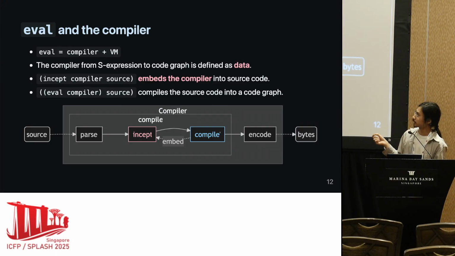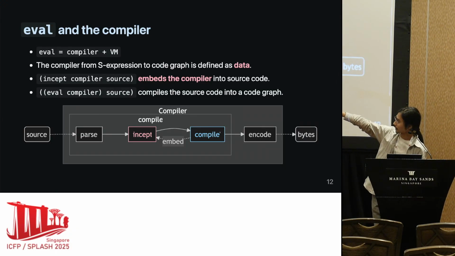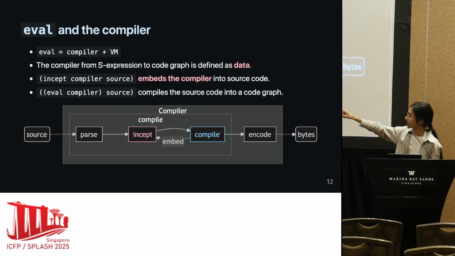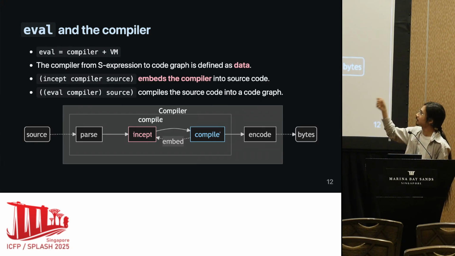So what we do is first extract the compiler from S-expression to code graph as data, in this variable. And then there is an incept function in the compiler, which takes the compiler data and source code, and embeds the compiler into the source code.